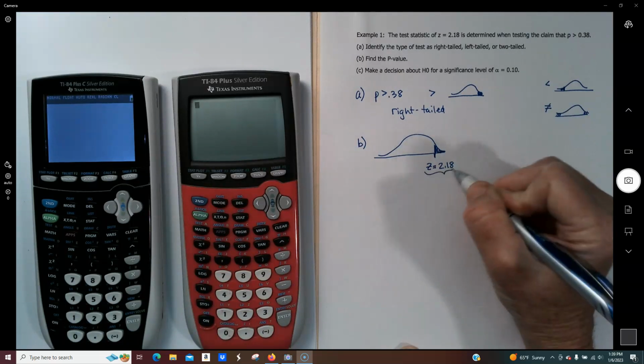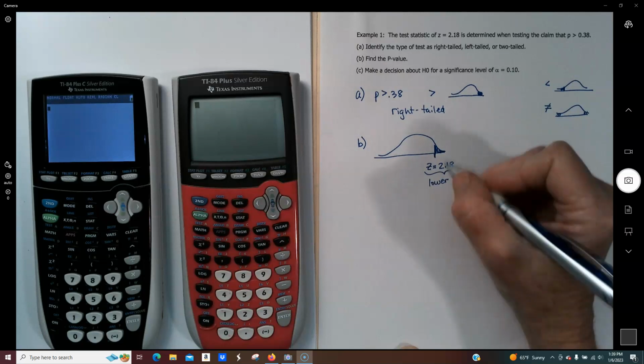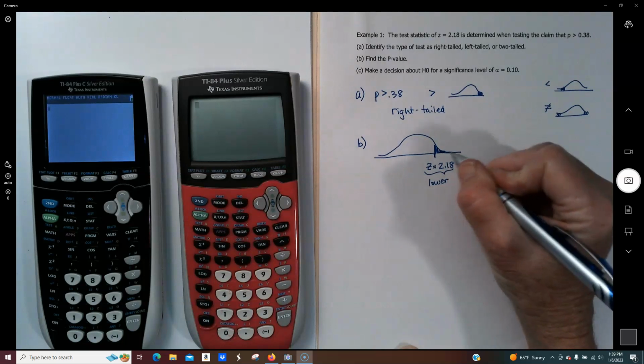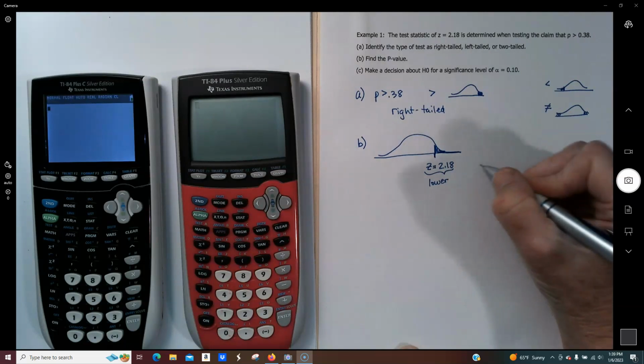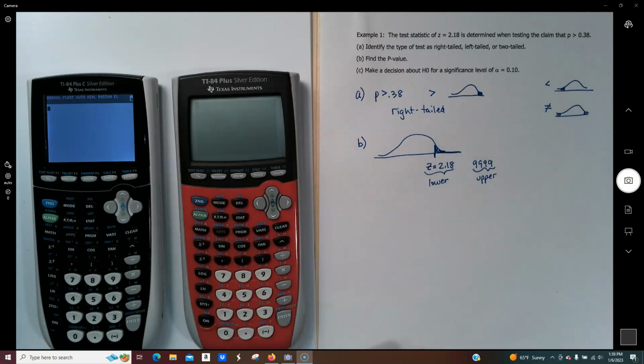This would be considered the lower or left value of the area of the tail, and farther out to the right, we could use the value of 99.99 as the upper or right value of the area. So we're going to do this with both versions of the calculator.